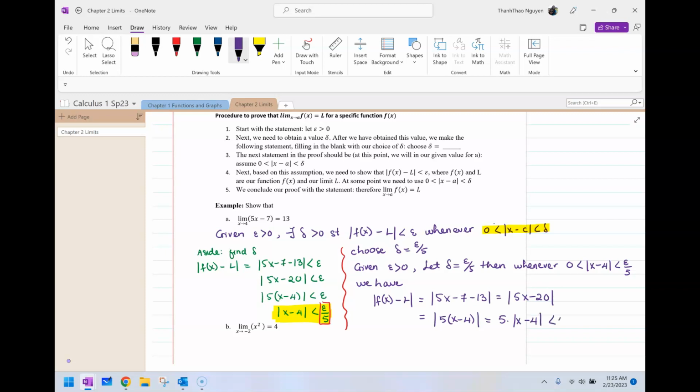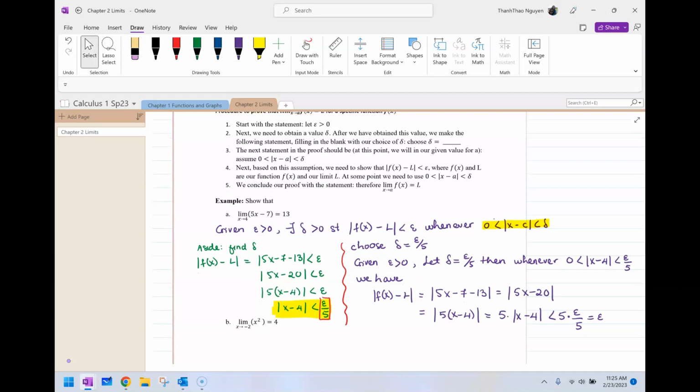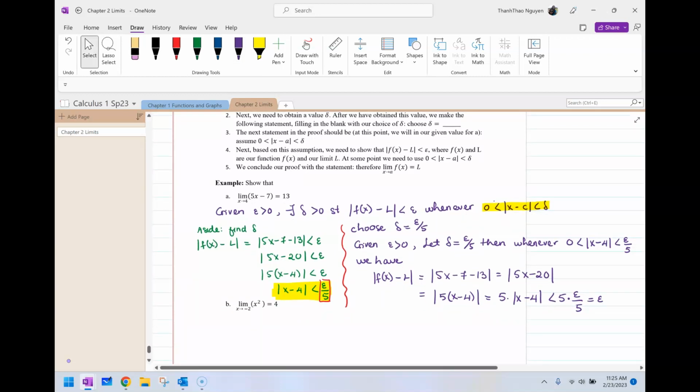This will be less than 5 times epsilon over 5, and this equals epsilon. So we have proved that the limit exists, and we're done with the proof.